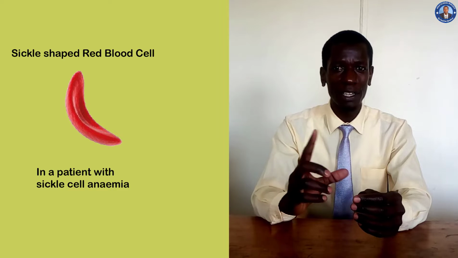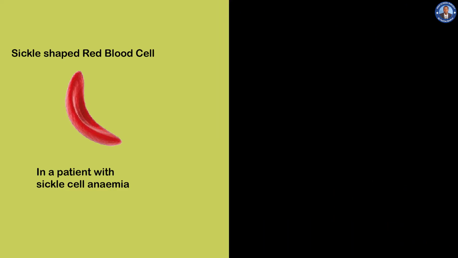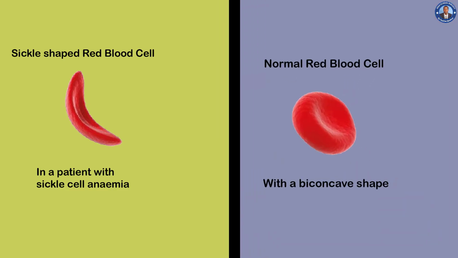In sickle cell anemia, the red blood cells have a sickle shape instead of the biconcave shape. Hence, they cannot transport enough oxygen.